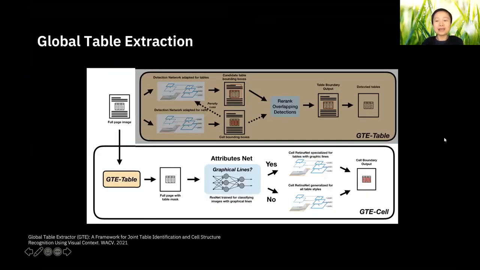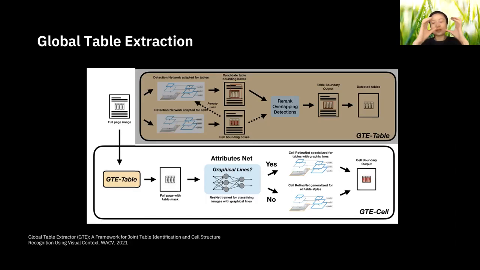So in my team, we have been working on table extraction for a number of years. And in the past year, we actually made significant progress by leveraging some of the techniques from computer vision in table extraction. This is a very high-level view. The general idea is that the high-level task is to identify the table boundary and then identify the cell boundary.